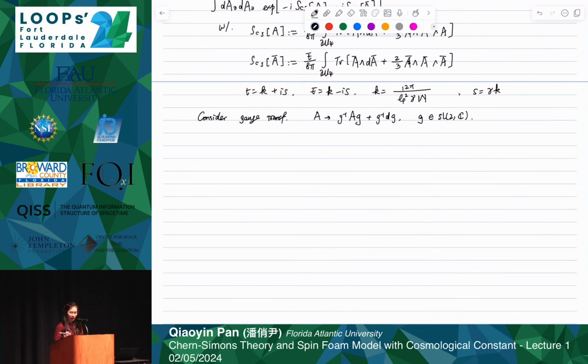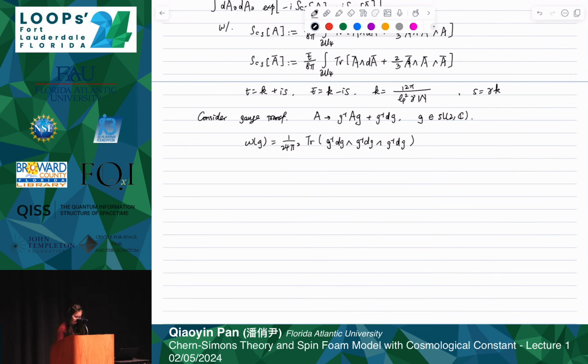And if you do that, plug in the action, you will find such a term, which is a function of the gauge group element. You have 1 over 24 pi squared, and then the trace of g inverse dg wedge g inverse dg wedge g inverse dg. You'll find this term, and this is called the winding number density of the element g.